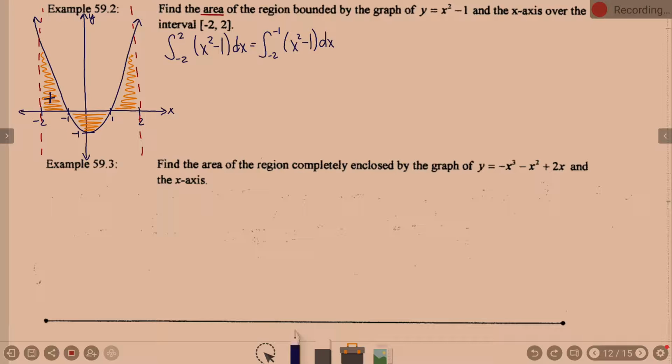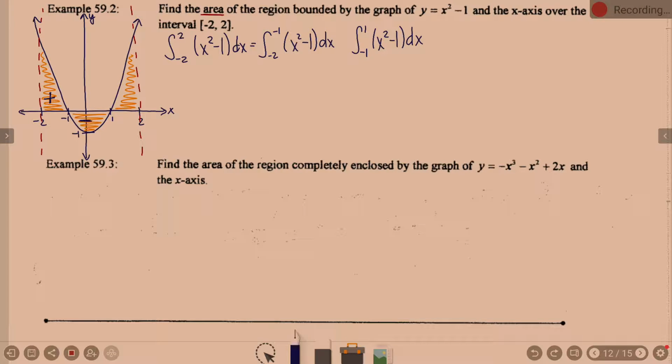What's the next section? The next section I can do -1 to 1. Can I do all that? Okay. You can do -1 to 1 of x squared minus 1 dx. What's the catch here?